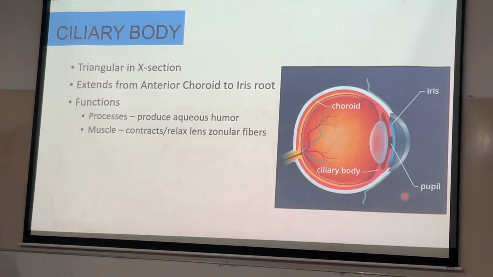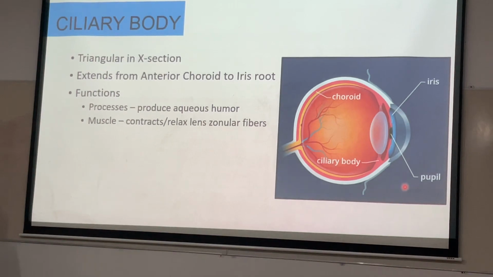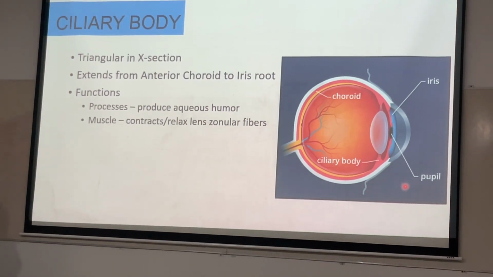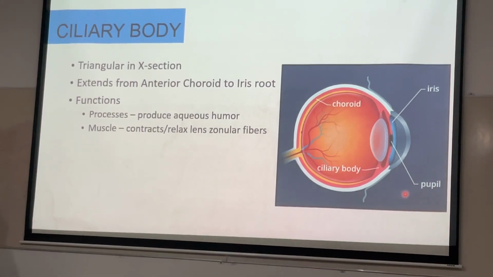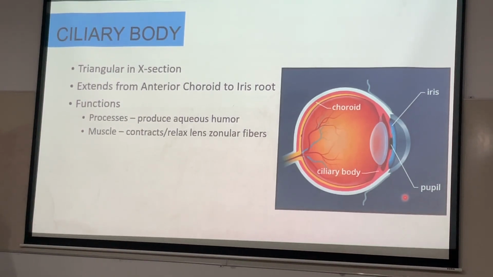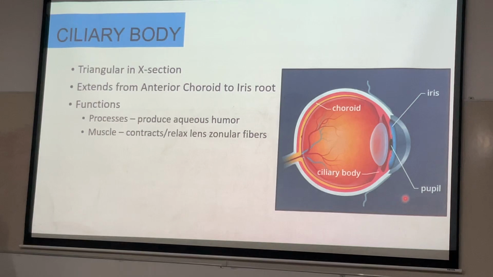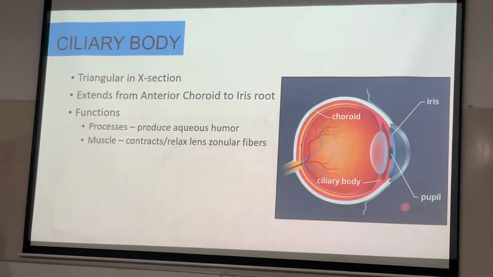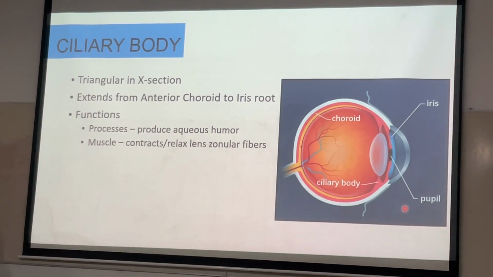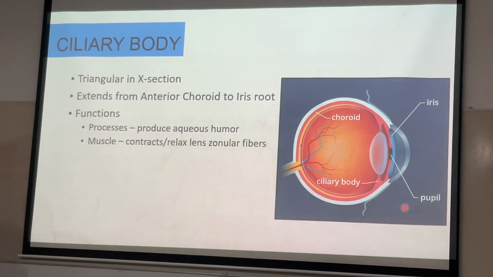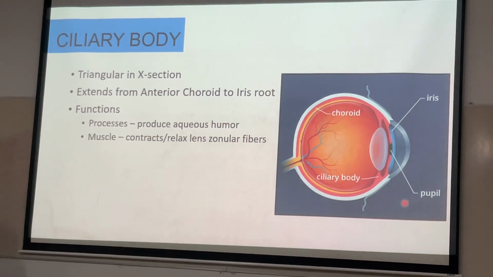The function of your ciliary body is that there's a ciliary process and a ciliary muscle. The ciliary processes produce aqueous humor, or fluid inside the eye, and your ciliary muscle contracts or relaxes the zonular fibers. So this would control the shape of your lens.